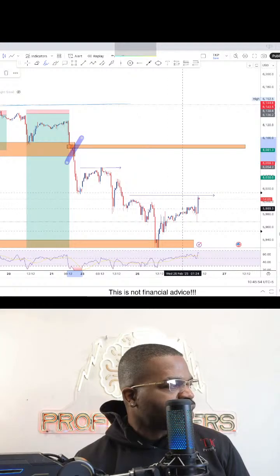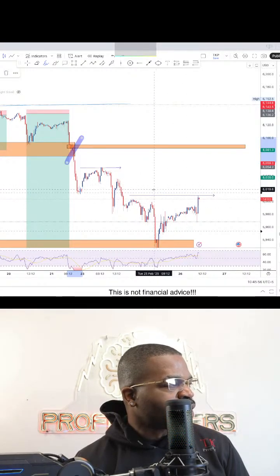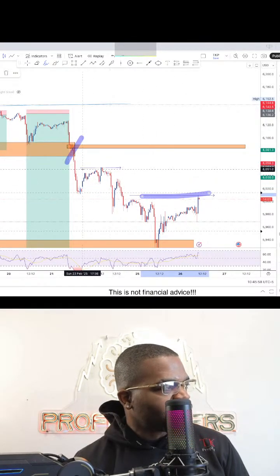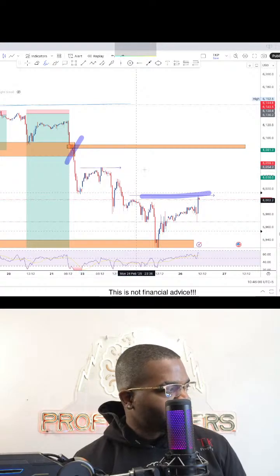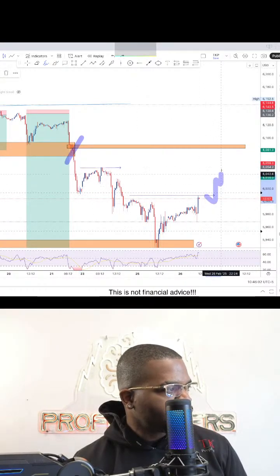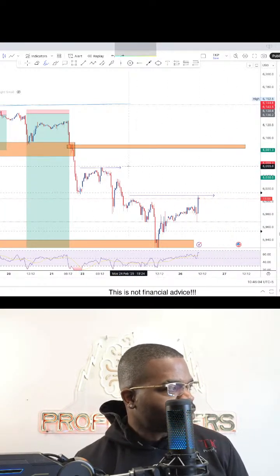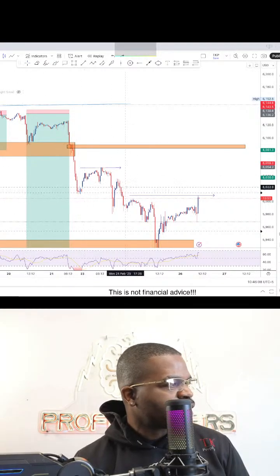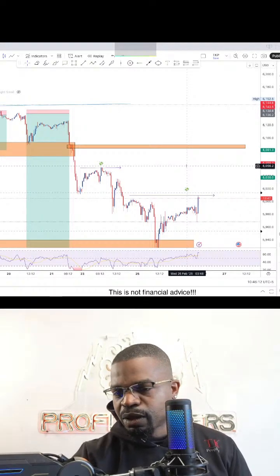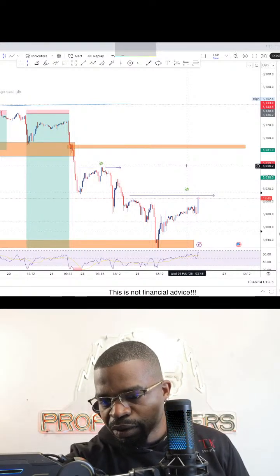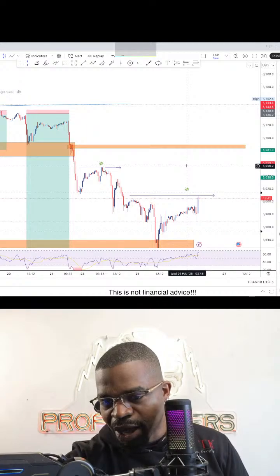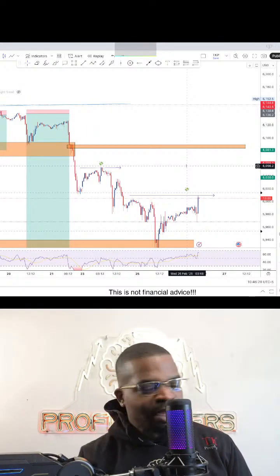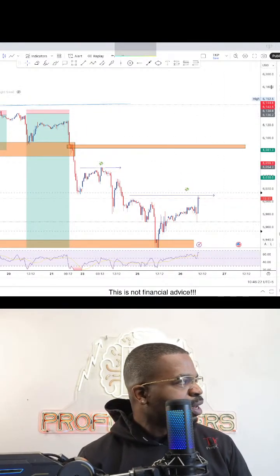So I want to see if S&P 500 can break above these relatively equal highs right here to move towards that level before giving us another downtrend. Okay, so we got that set.